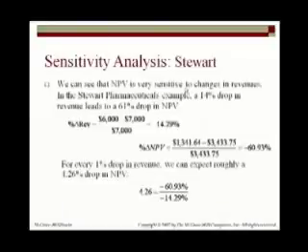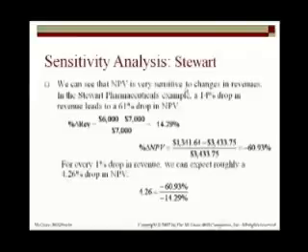We can always correct arithmetic mistakes, but what I'm concerned about is that you understand the concept of sensitivity. Just the idea that there is a positive relationship between net present value and revenue. If we increase revenue, we increase net present value. If we decrease revenue, we decrease net present value. And the bigger that number is, the more sensitive net present value is to a change in the variable.